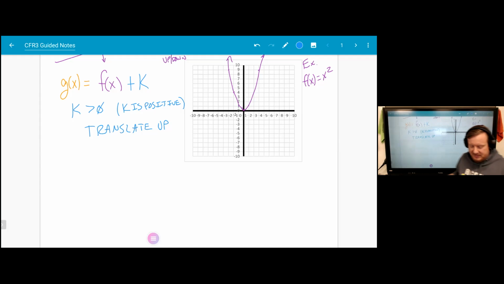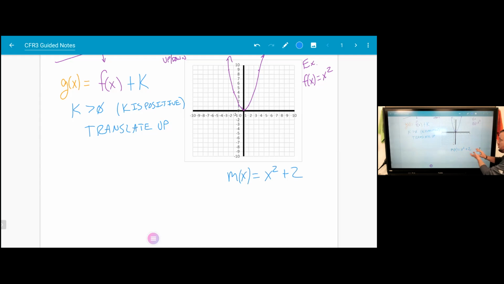I'm going to take this translating up. It doesn't have to be g of x, that's just a name. I'm going to call this new one m of x equals x squared plus 2.